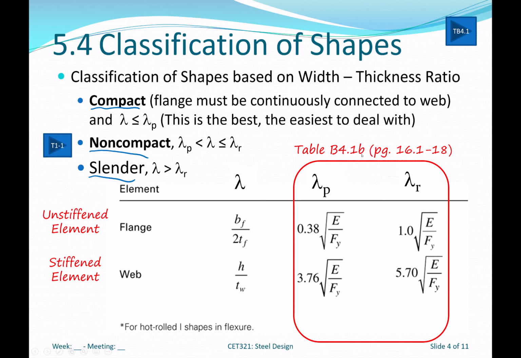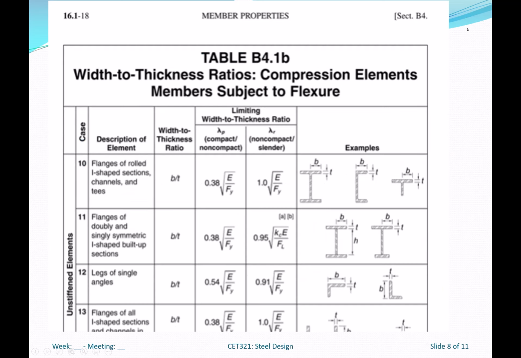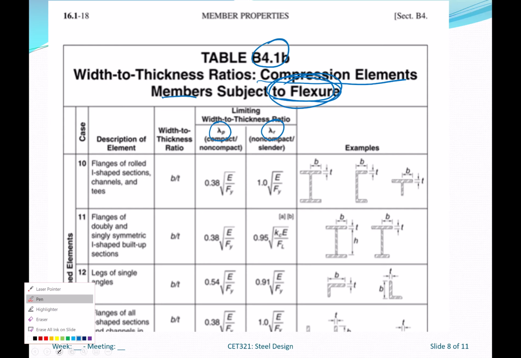Again, for columns, we looked at B4.1a, but now we're looking at B4.1b because we're dealing with compression elements subject to flexure. Again, we have lambda sub p and lambda sub r for unstiffened elements. Unstiffened elements are flanges of hot rolled I-shaped sections, channels, and tees.